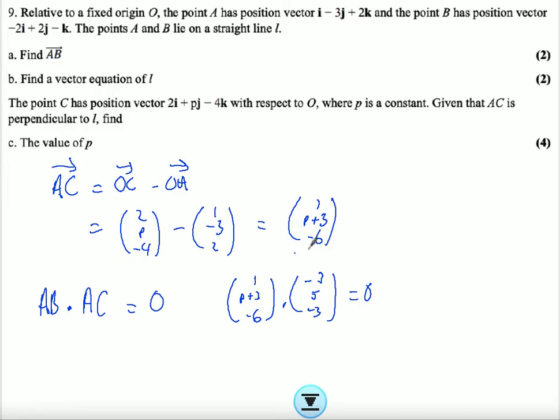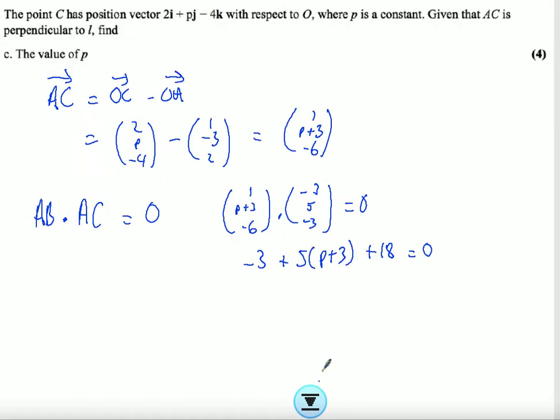So if you were to multiply each of the corresponding parts together, you're going to get negative 3, you're going to get 5 lots of p plus 3, and you're going to get positive 18. That's got to be equal to 0. So that's 5p add 15 add 15 equals 0. So we're going to get that p is negative 6.